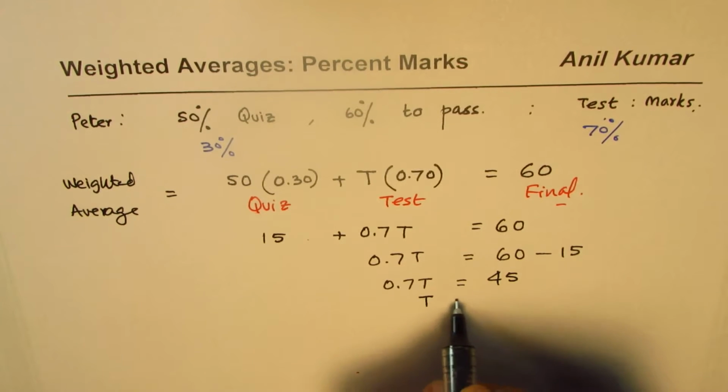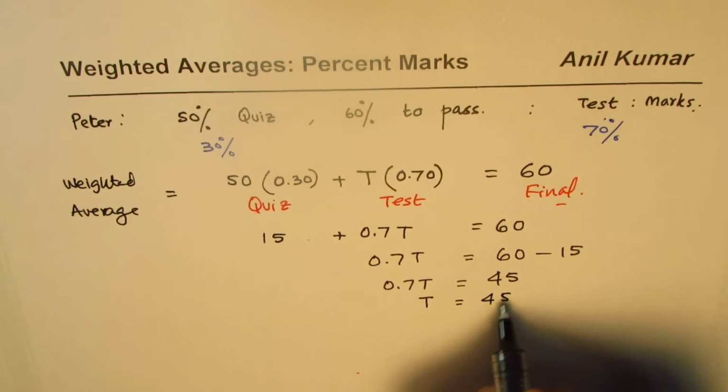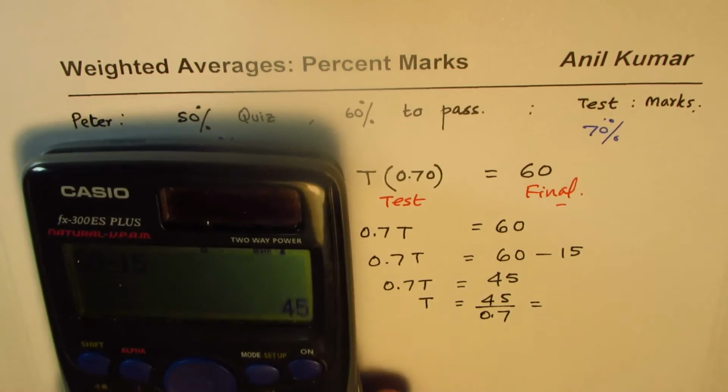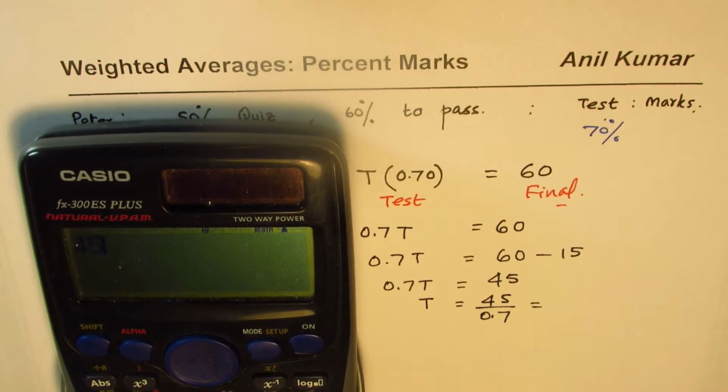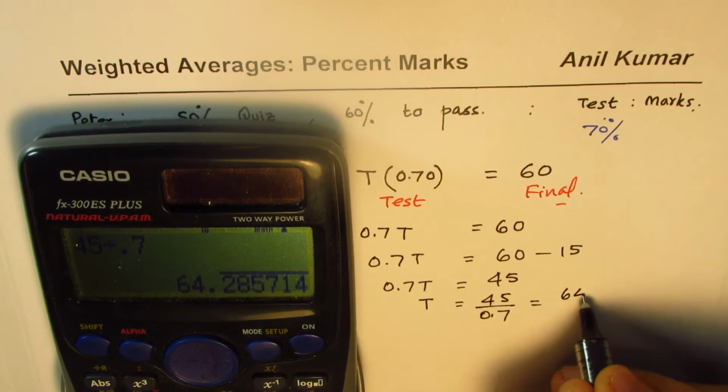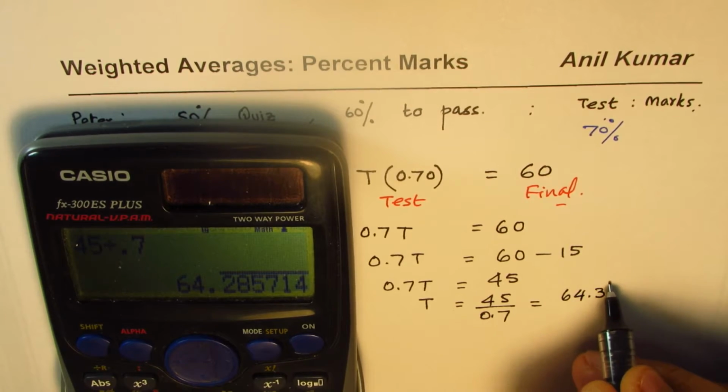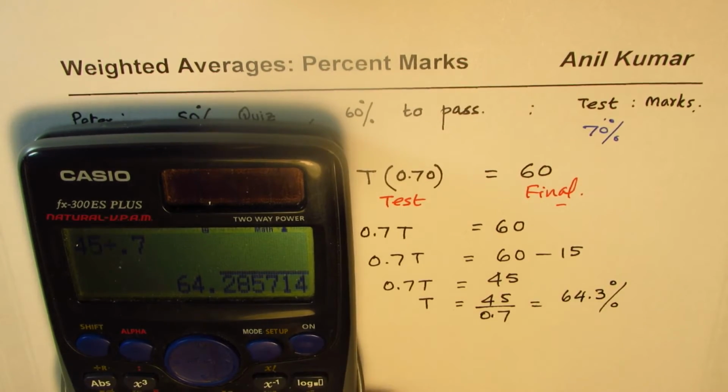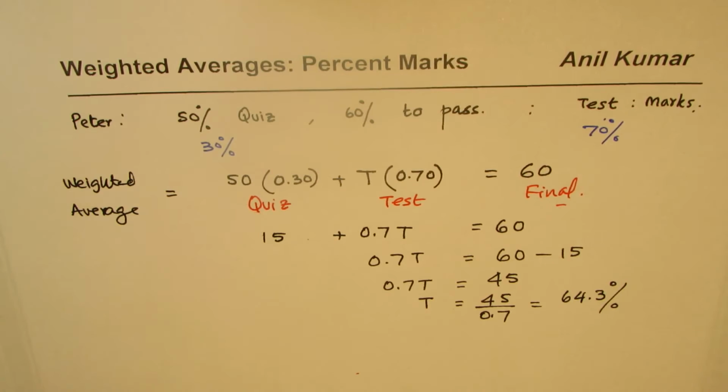So the marks in the test should be 45 divided by 0.7. That is equal to, in decimals, let's write it down, 64.3%.